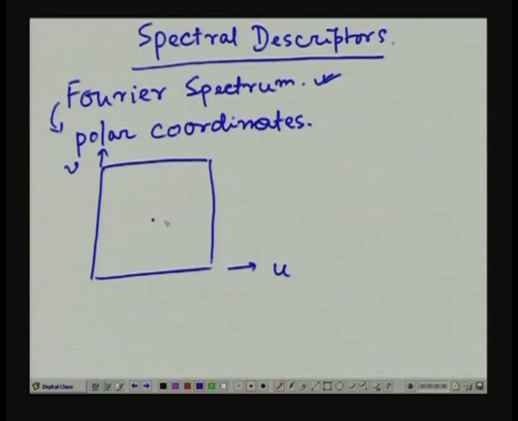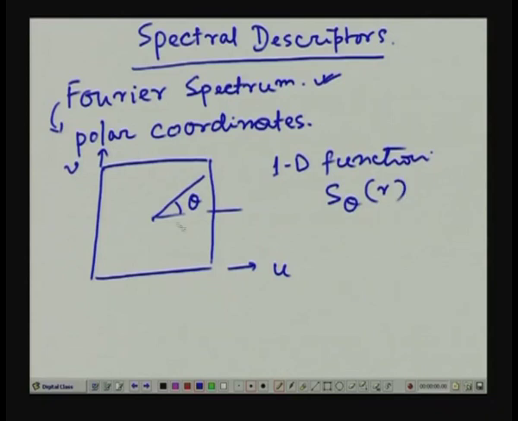In polar coordinates, if I look at the variation in a particular direction theta, each value of theta will give me a one dimensional function which I call s theta r, because r is the radial distance.